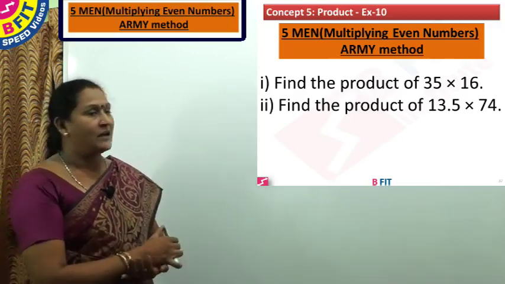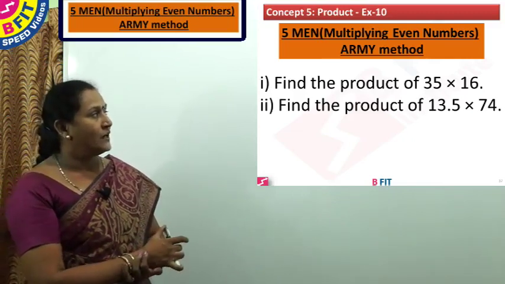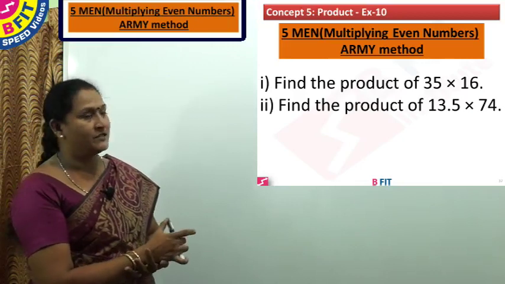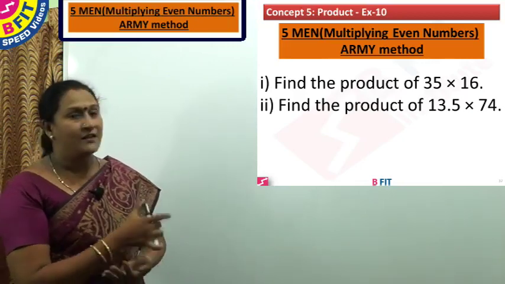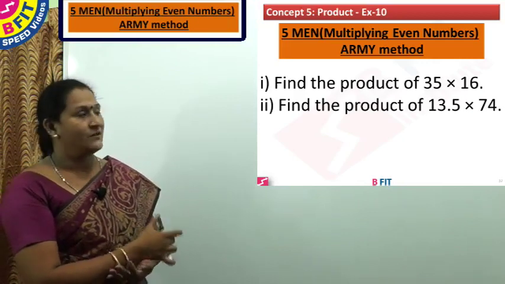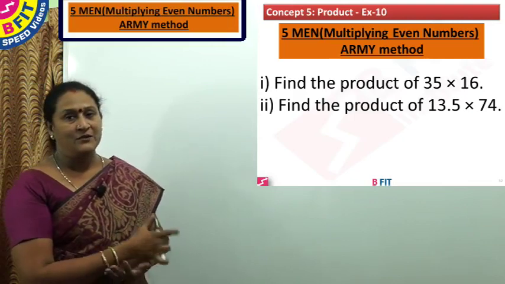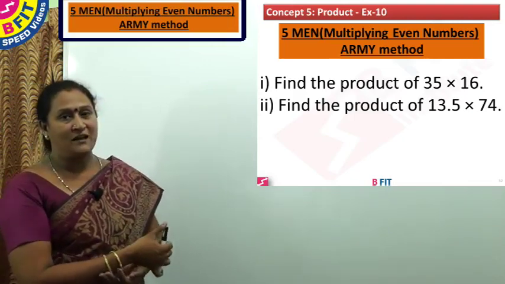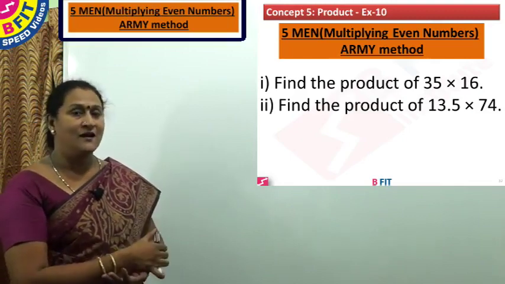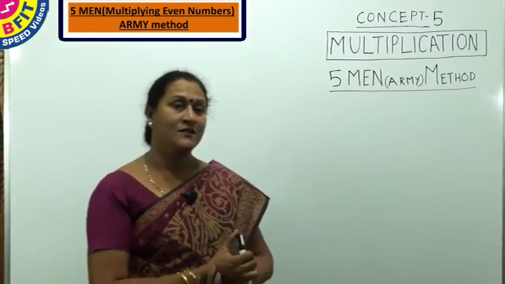Here 35 ends with 5 and we have an even number, and the second question also ends with 5, 13.5 with an even number. Can you pause the video for a few seconds and, using this 5-man army method, get the answer? Now we'll see what the answer is.